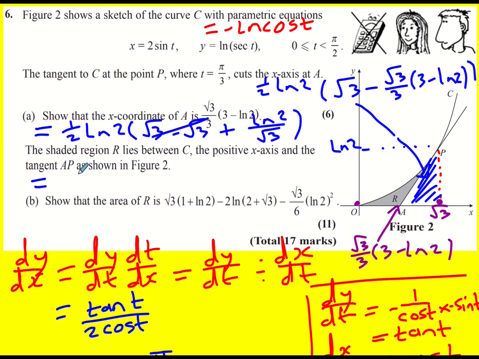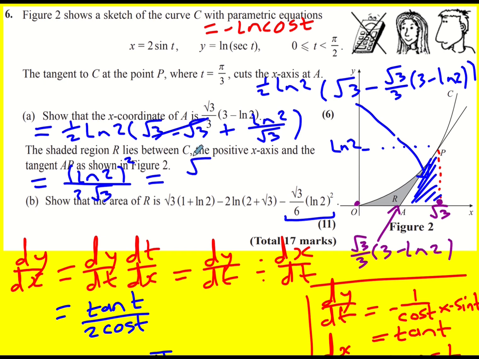which is going to be ln 2 all squared divided by 2 root 3. Just realized, and I can see in the answer, remember I'm going to be subtracting that. It makes sense to rationalize the denominator.